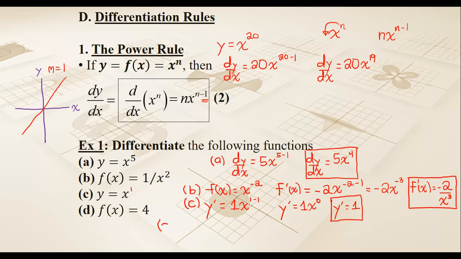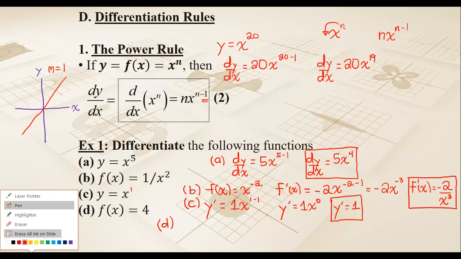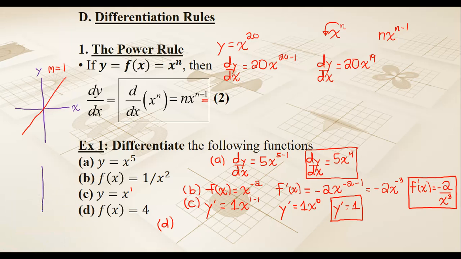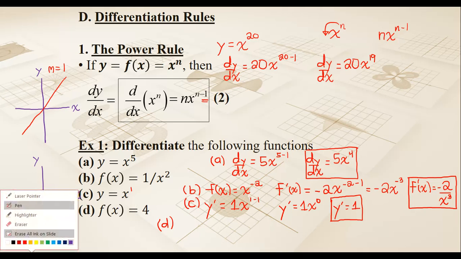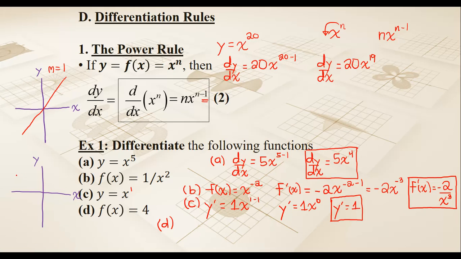Well, how about d? Okay, so d is you have f of x is equal to 4. Now we should be able to predict what the derivative is if we're even taking it. So if I just quickly sketch a Cartesian plane again, so you have y, and then you have x. f of x equals 4 would just be a horizontal line that passes through the y-axis at 4.